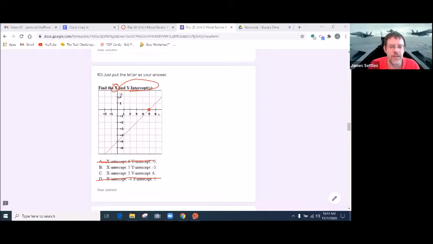And the Y-intercept, we go down the Y-axis until we find where it crosses. And it crosses at -5, okay? And so the Y-intercept would be -5, so the answer would be B. So the X-intercept would be 5, and then the Y-intercept would be -5. Okay? So the answer would be B.